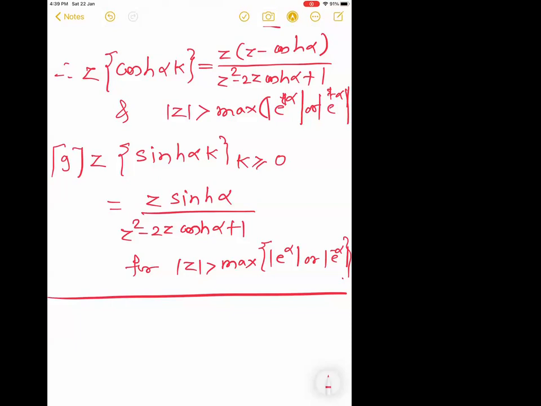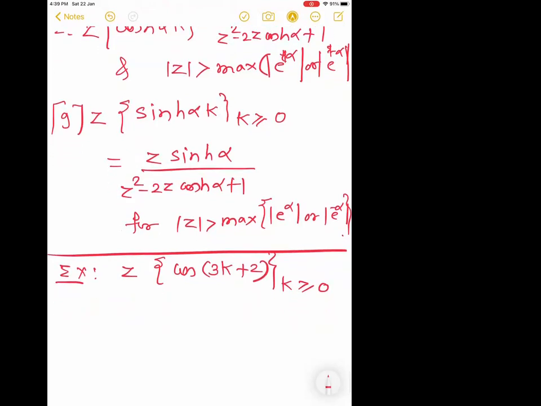Suppose the question is asked to find the z transform of cos of 3k plus 2, k greater than or equal to 0. Actually, here there is not only the cos 3k term, but along with it the plus 2 is also there.